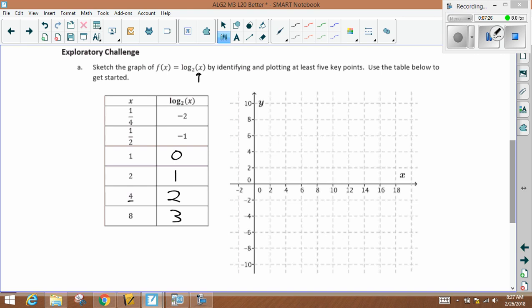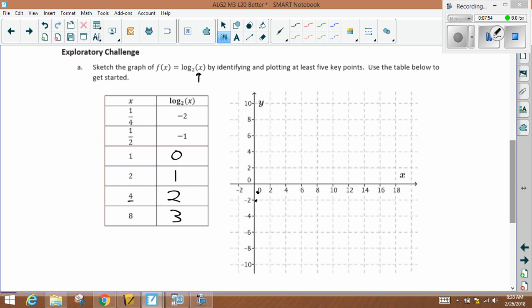Let's go ahead and graph those. Okay, so (1/4, -2). It's going to be weird, it's going to be real close, right? And then (1/2, -1).